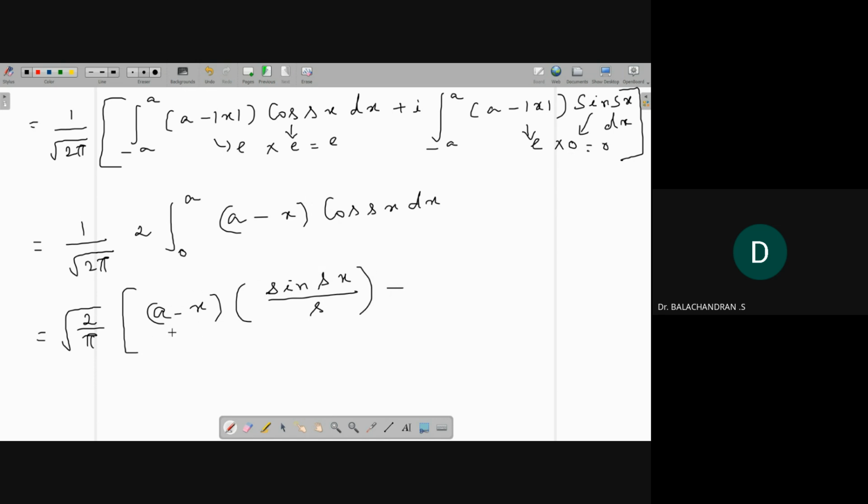If you differentiate a minus x, you'll get minus 1. If you integrate sin sx by s, you'll get minus cos sx by s square.